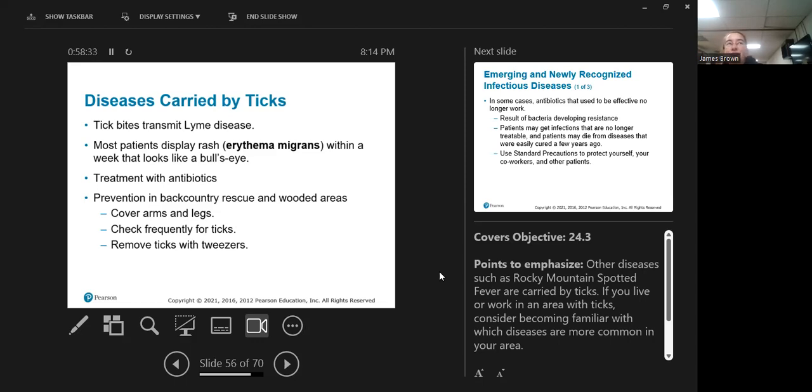They call it erythema migrans, within a week, that looks like a bullseye. Is there a picture of it in your book? Yeah. So it literally looks like a target with a center spot. Treat it with antibiotics. Prevention in backcountry rescue and wooded areas: cover your arms and legs, check yourself frequently for ticks, and remove ticks with tweezers.